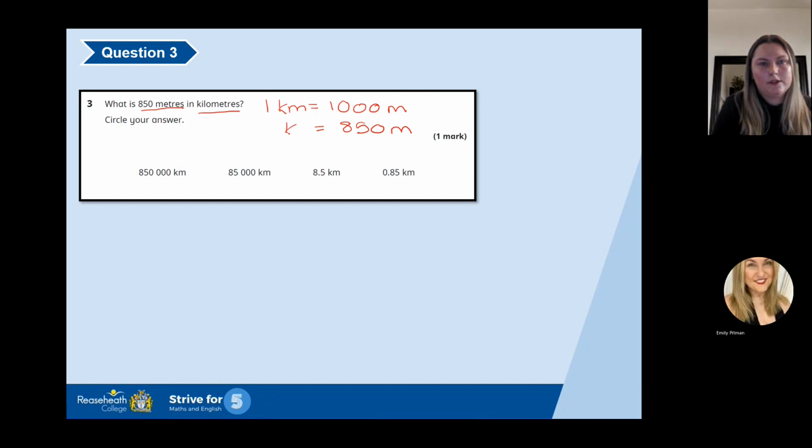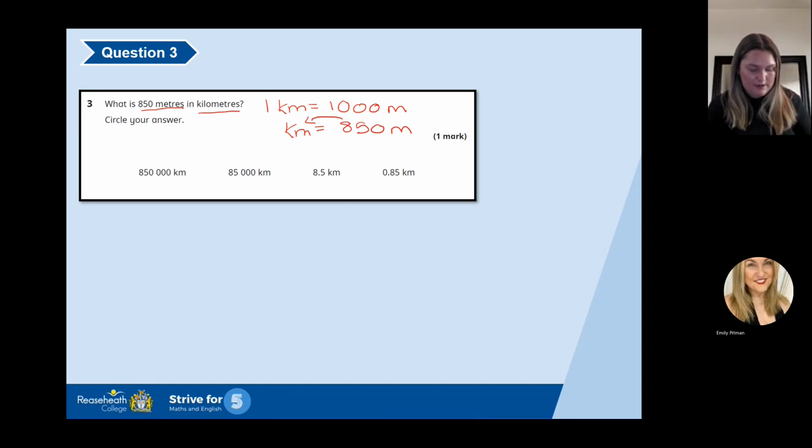So to get to kilometers, I'm going to need to divide by 1,000. So to get from 1,000 meters to 1 kilometer, we've divided by 1,000. So what I'm going to do is divide the 850 by 1,000 to get to my kilometers. So I'm going to use my calculator for this.